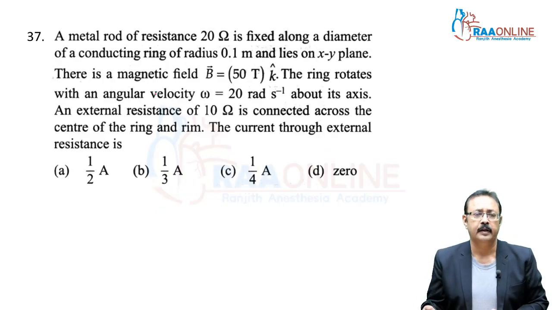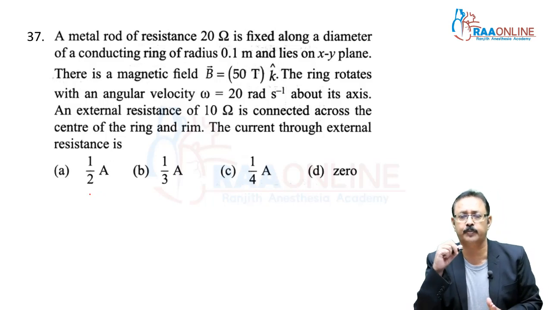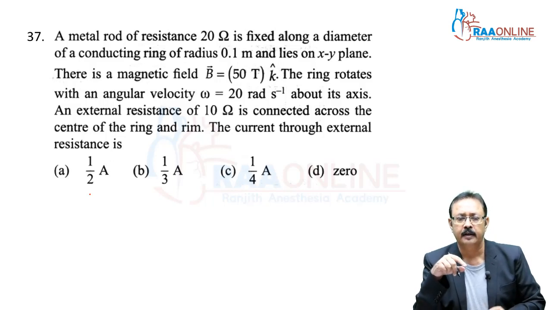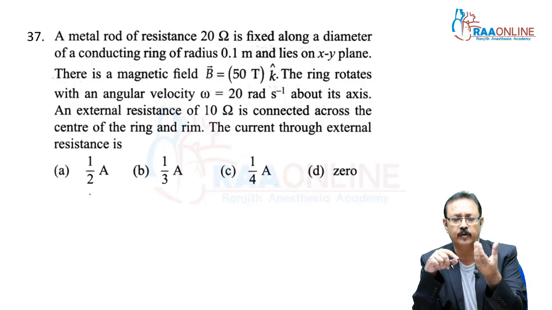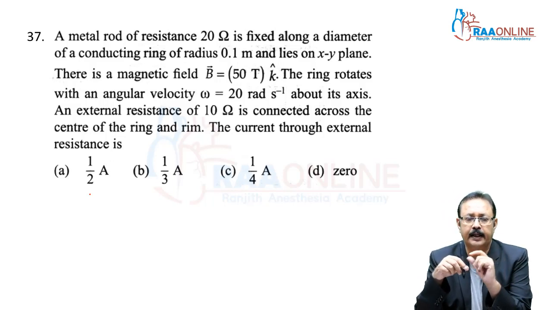37th: a metal rod of resistance 20 ohm is fixed along a diameter of a conducting ring of radius 0.1 meter and lies in the xy plane. Magnetic field in z-axis direction is 50 Tesla. The ring rotates with an angular velocity omega, means 20 radian per second, about its axis.